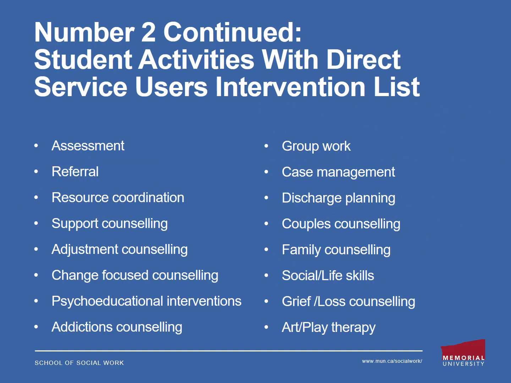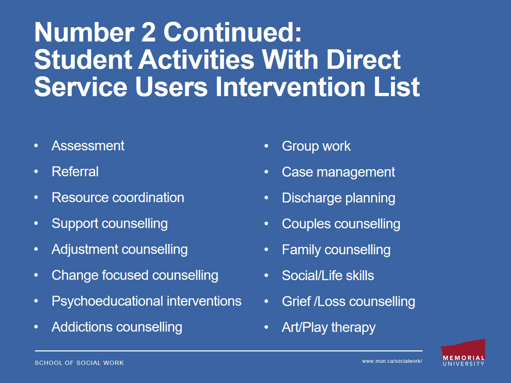For number 2, there is an intervention list of things you could be doing with direct service users, just to give you an idea, and this is located in the MUN BSW Field Manual if you want to go back and do more reading. So you could be doing assessment, referral, resource coordination, support counseling, adjustment counseling, change focus counseling, psychoeducational interventions, addictions counseling, group work, case management, discharge planning, couples counseling, family counseling, social or life skills, grief or loss counseling, art or play therapy.